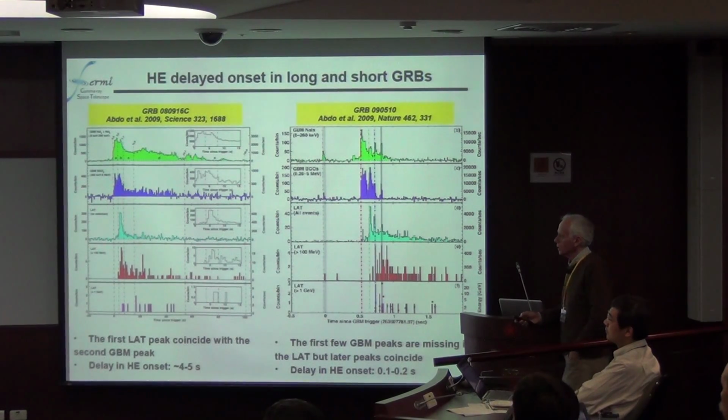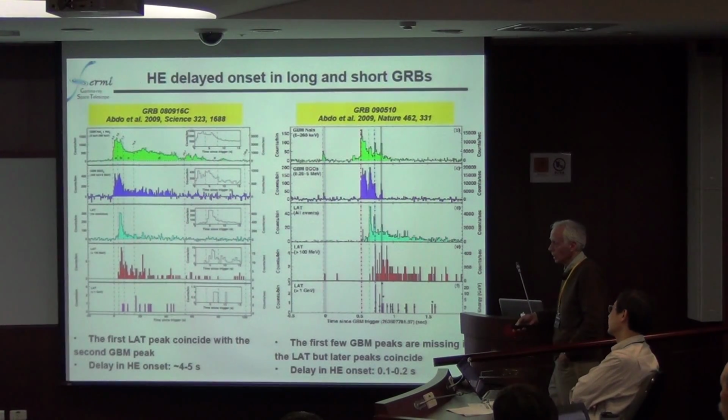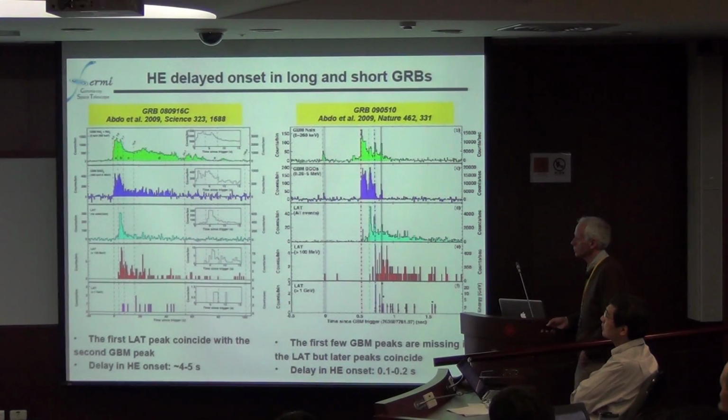And one of the other things that I didn't mention last time is that when you look at the GeV light curves, the GeV photons come delayed with respect to the low energy MeV photons, both in long bursts and in short bursts. So there was a delayed onset of the GeV radiation.